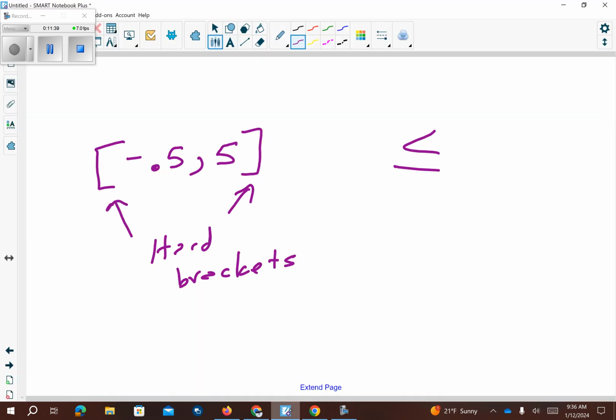Okay, the reason they're hard brackets, this little line inequality, that's going to give us hard brackets. But if one of our sides was going all the way to infinity, the infinity would always have a soft bracket or a parenthesis.